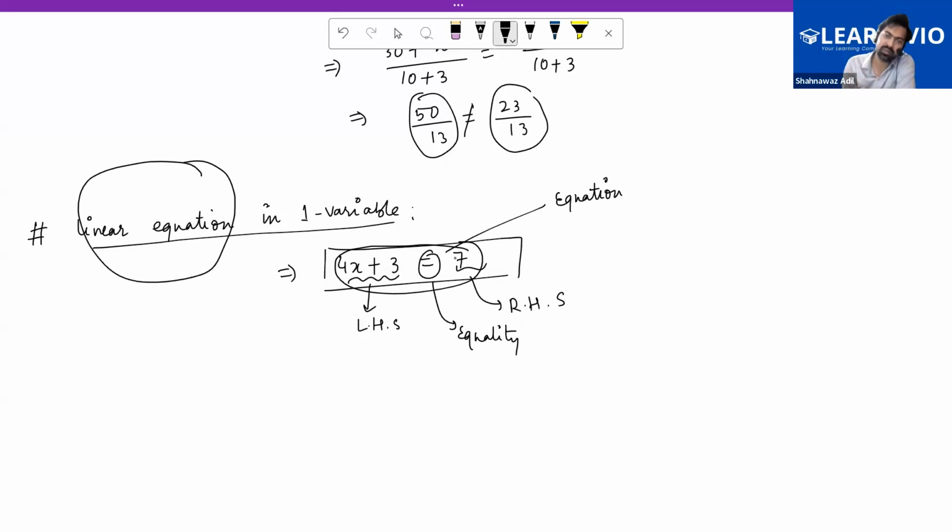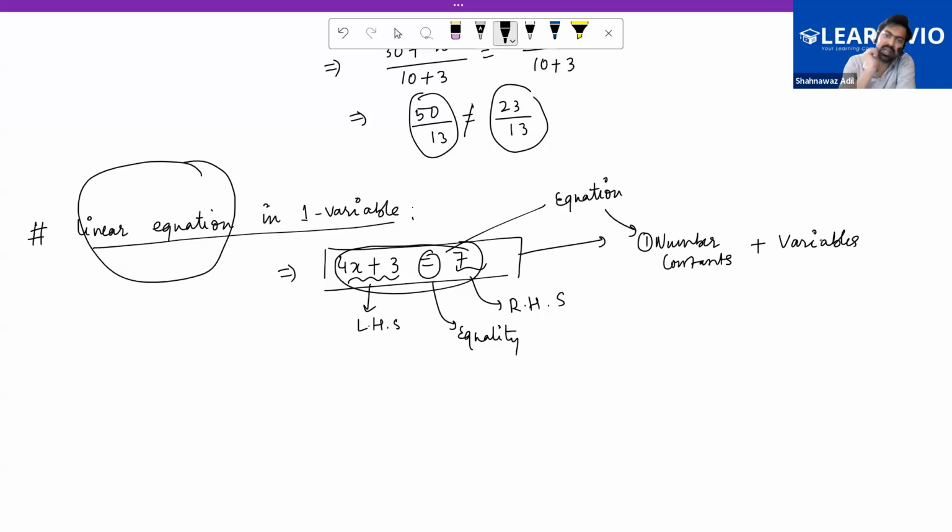This equation will have two things: numbers or constants, and some variables.